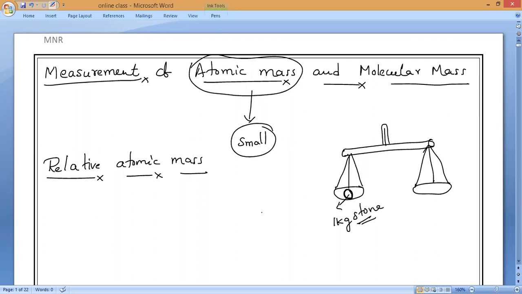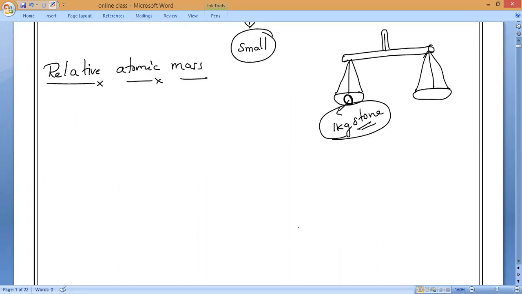In the same way, coming to atoms, as atoms are extremely small in size, we use a similar technique to the 1 kg stone. Here also we take one atom as the reference atom, and we compare the atomic mass of other atoms with the help of that one. So what is that reference atom? Can anybody tell?